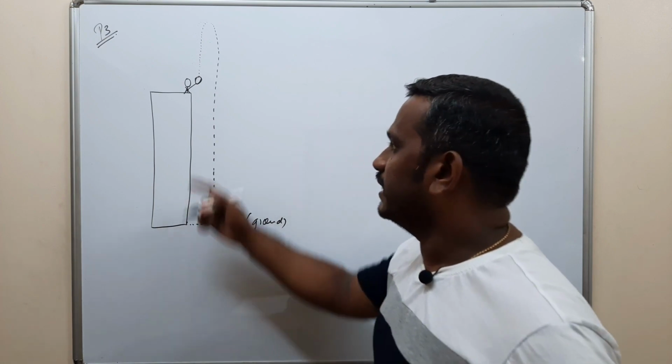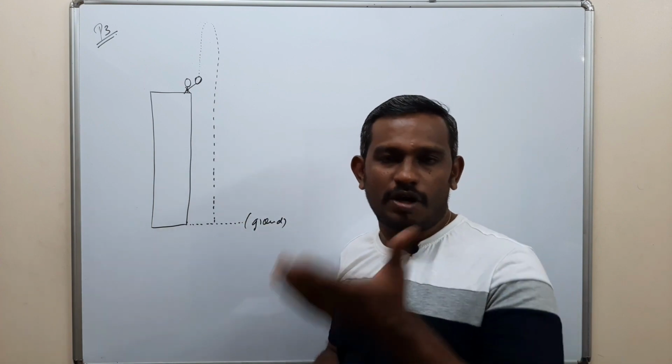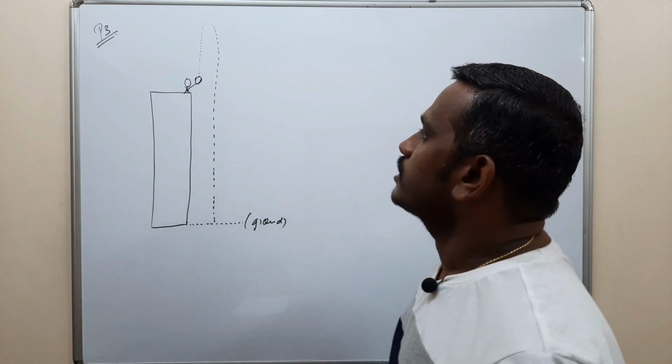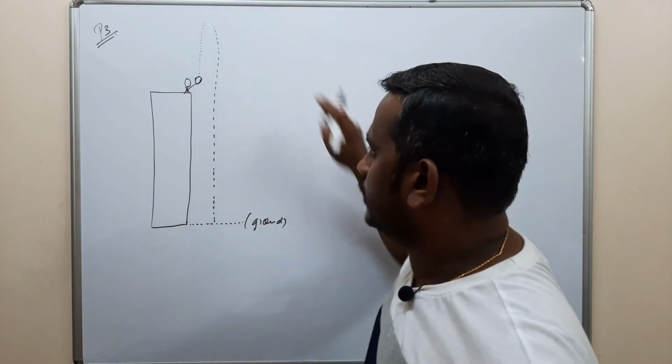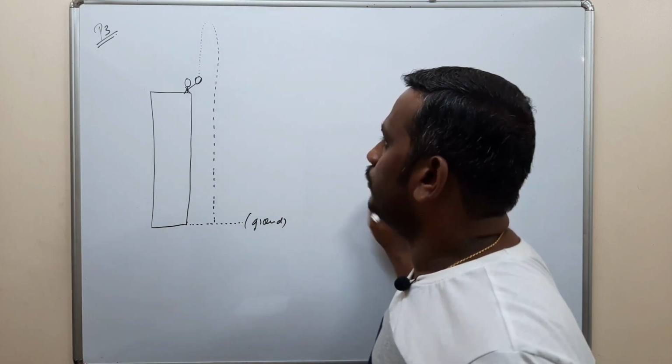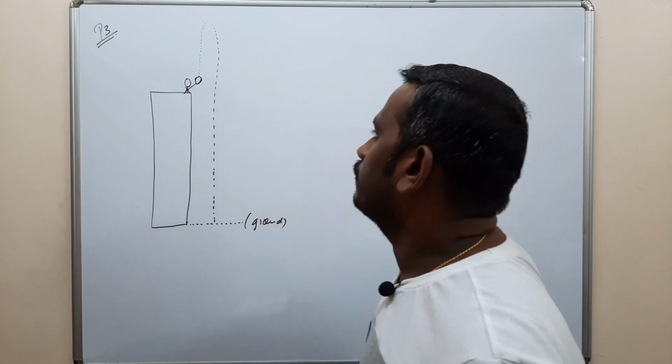A boy standing at the top of the tower projects a ball vertically upwards. The trajectory of the ball is given in the figure. The path followed by the ball is shown in the figure.